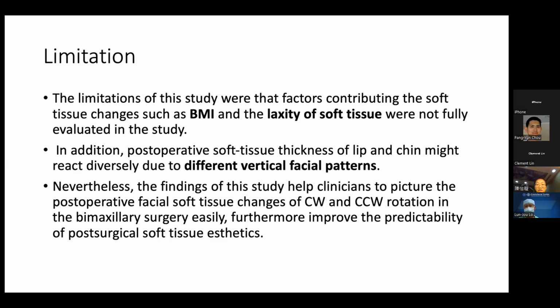Nevertheless, the findings of this study help clinicians picture the post-op facial soft tissue changes of clockwise and counterclockwise rotation in bimaxillary surgery easily. Furthermore, they improve the predictability of post-surgical soft tissue aesthetics.